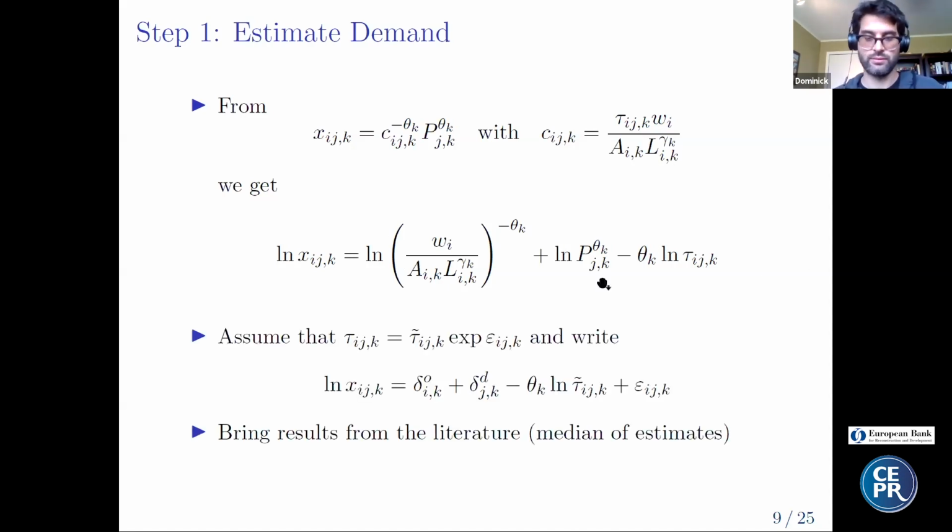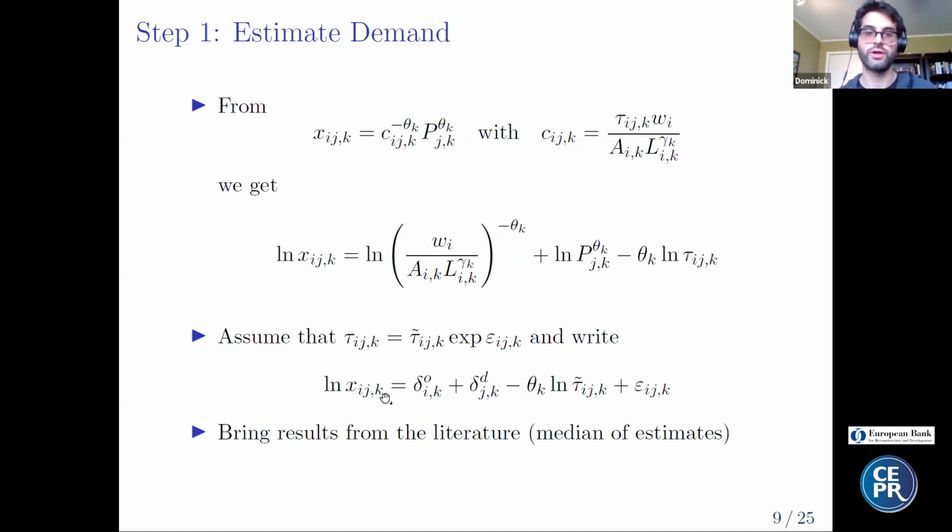And assuming that these trade taxes, this iceberg shifter, can be written in the following form, that it's the product of an observable term, like an ad valorem tariff or something like that, and an unobservable term epsilon_IJK, we can write this expression in the following form, which should be familiar to you.